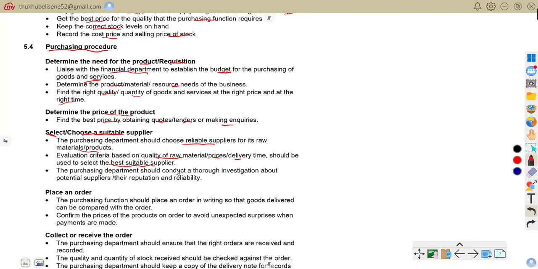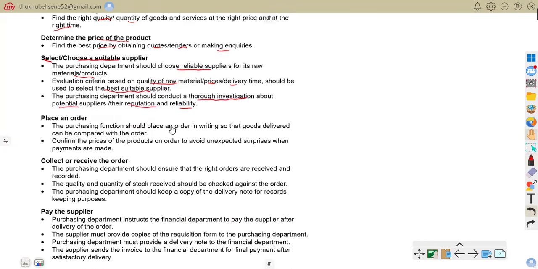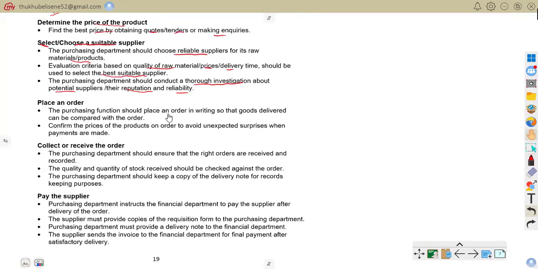The purchasing department should conduct a thorough investigation about potential suppliers and their reputation and reliability. So now place an order after choosing a supplier, now you are sure that it is the correct supplier.